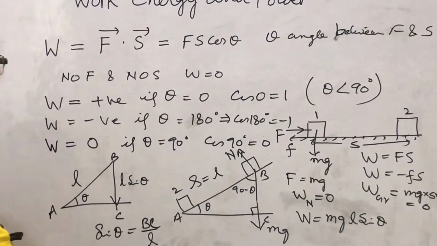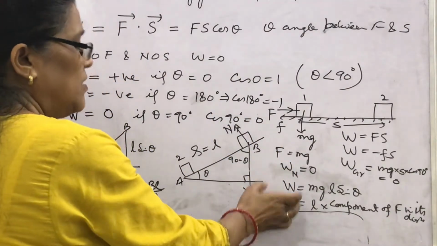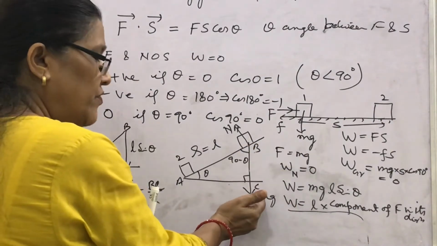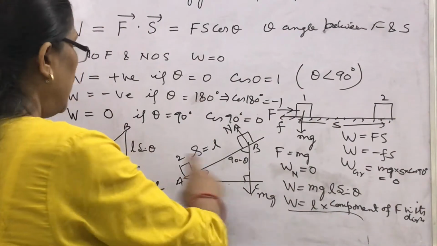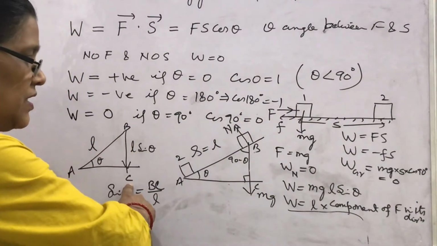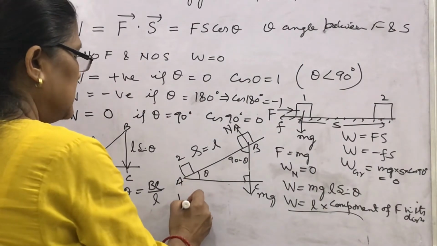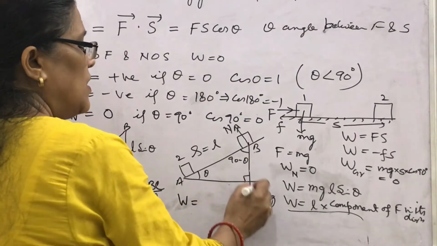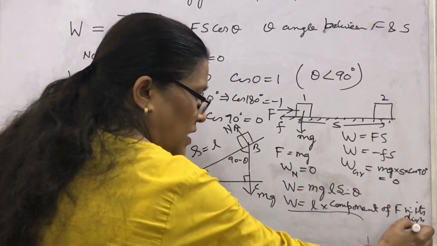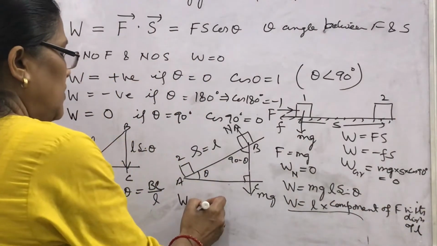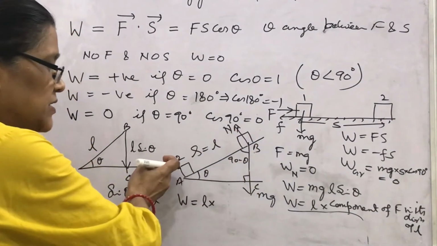This is mgL sin theta. Now we can also write the expression for work done by taking the component of mg in the direction of L. You can also write W as the component of force in the direction of L times L. What will be the component of force in the direction of L?